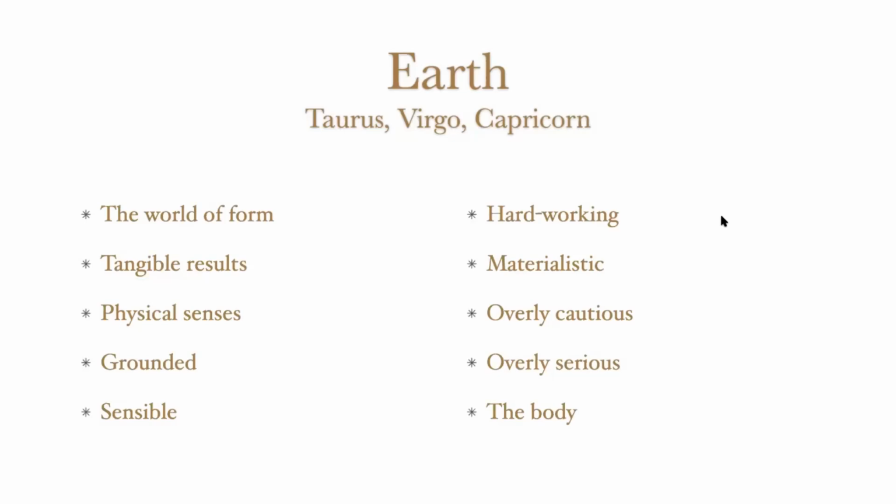And so Earth people are often especially attuned to both the physical body and the physical senses, because anything that's sort of tangible, material, physical is the earth realm. So as a generalization, but generally a true generalization, earth people are grounded, sensible, hardworking, and practical.